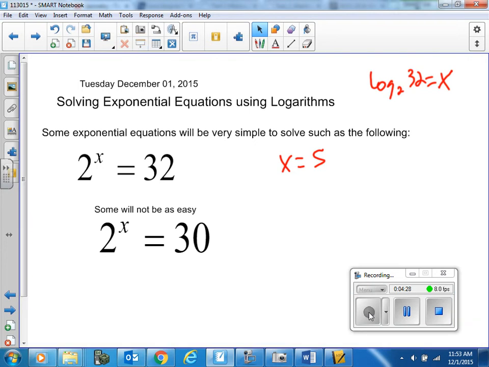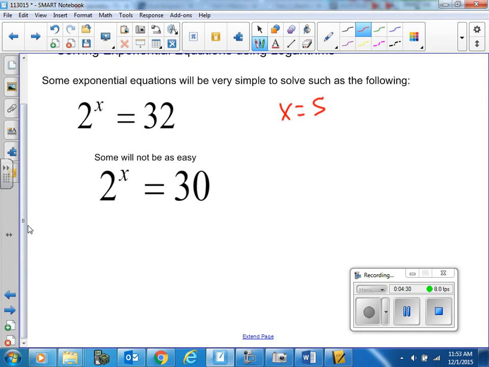What you can do, when you have equations, you can multiply both sides by something, you can divide both sides, you can add something to both sides, subtract. Another thing you can do is take the log of any base of both sides, as long as you take the same base on both sides. So we'll do log base 10 since we have that in the calculator, nice and easy.